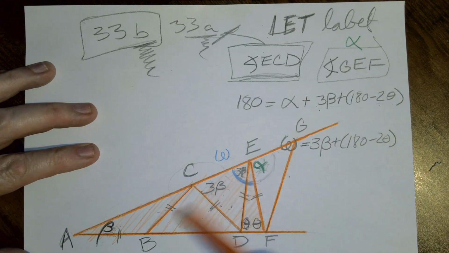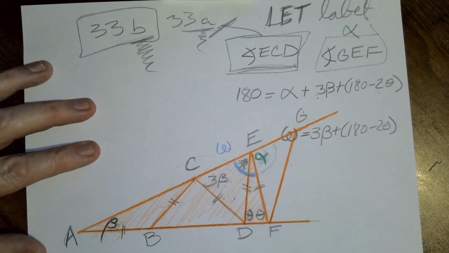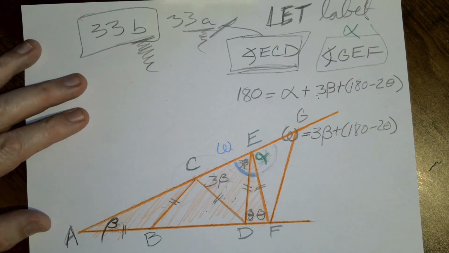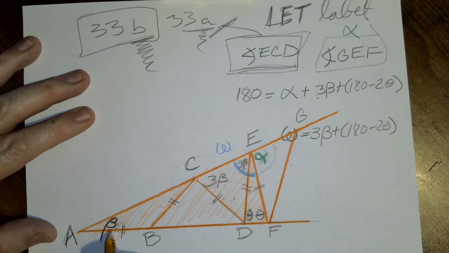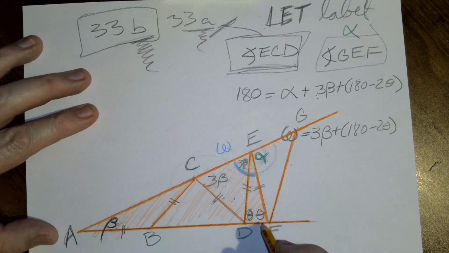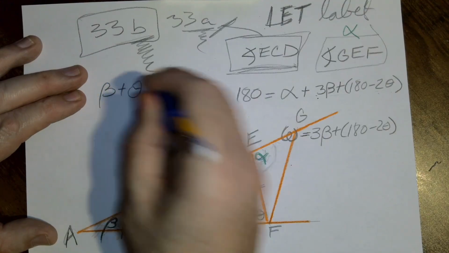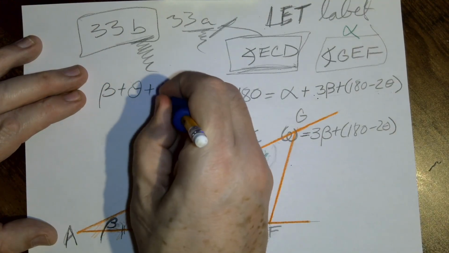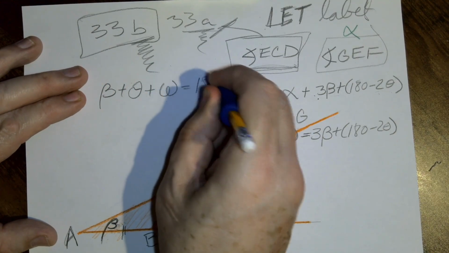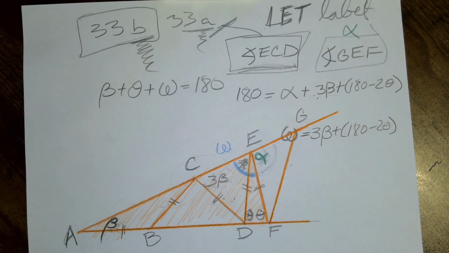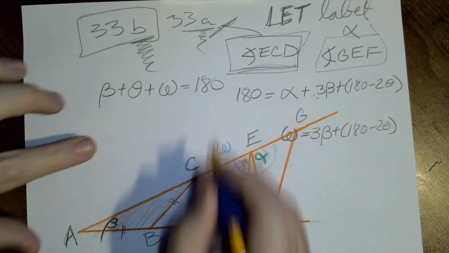It's a little trigon here. So we're using all of omega. Right, beta. In this corner, we just have 1 theta. So beta plus theta plus omega equals 180. So that means omega.